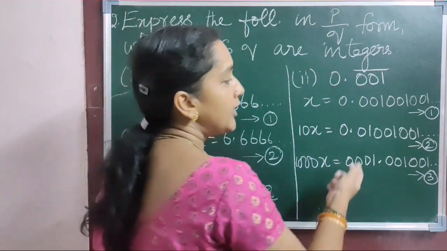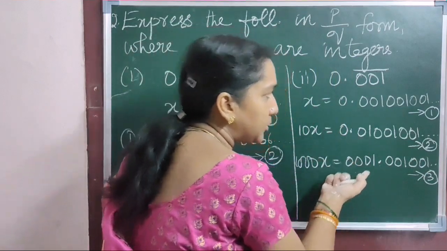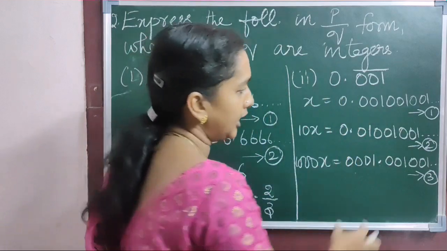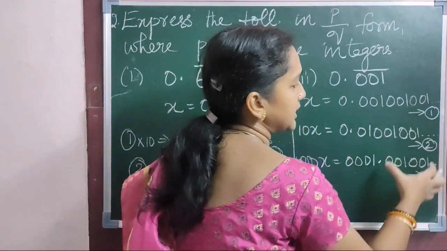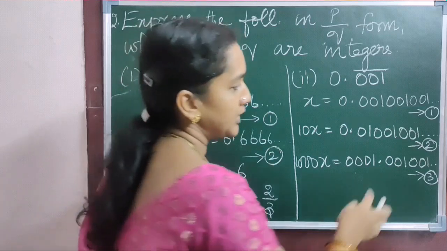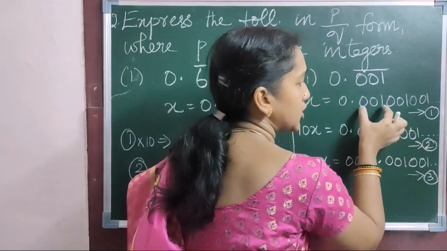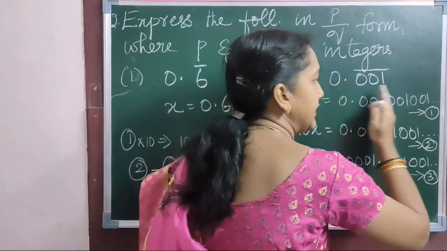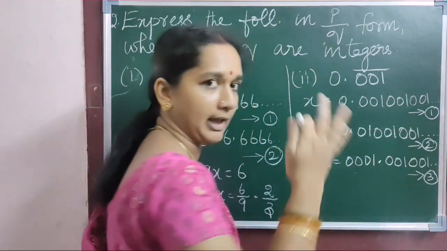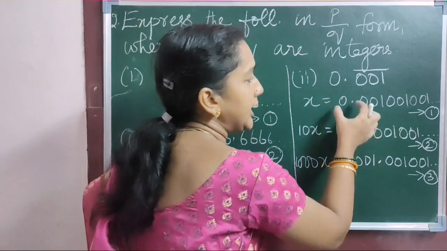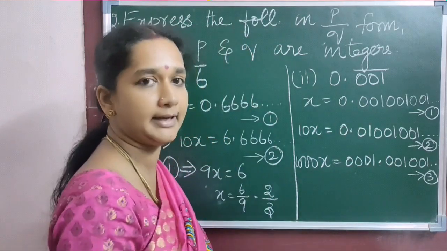Understood? So when you subtract the first equation from the third equation, your decimal numbers will be cancelled. Here also 001, 001, 001. Here also 001, 001. So the entire decimal numbers will vanish. You will get only the whole number. That is our ultimate aim.